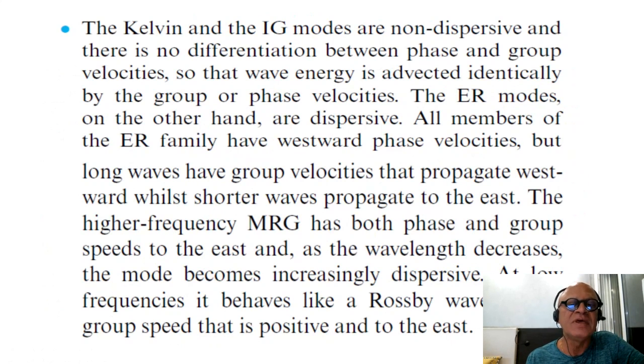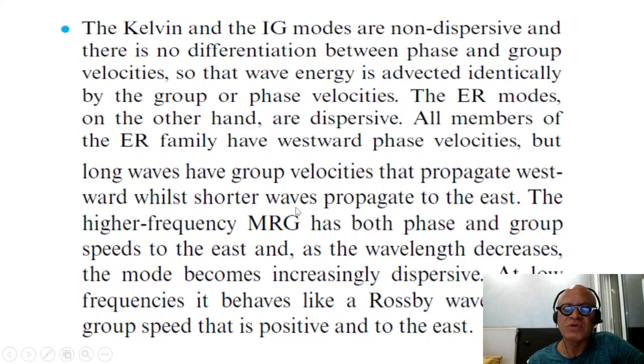Looking at the summary, the Kelvin and inertial gravity modes are non-dispersive, and there is no differentiation between the phase and group velocities, so the energy is advected identically. Equatorial Rossby modes, on the other hand, are dispersive, so all members of the ER family have westward phase velocities, but the long waves have group velocities that propagate westward, while short waves have group velocity that propagate to the east.